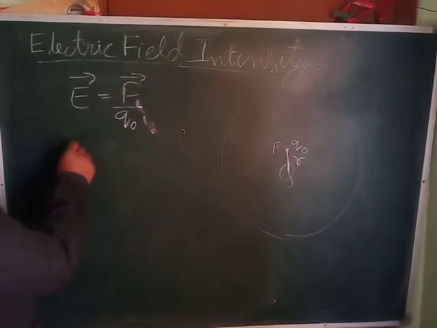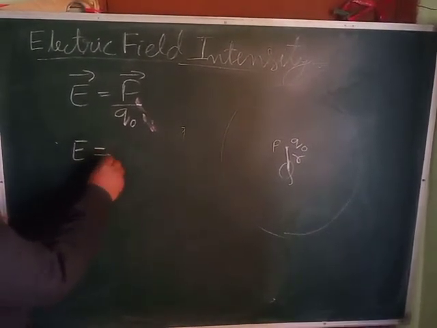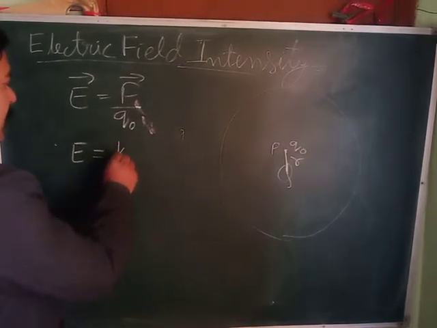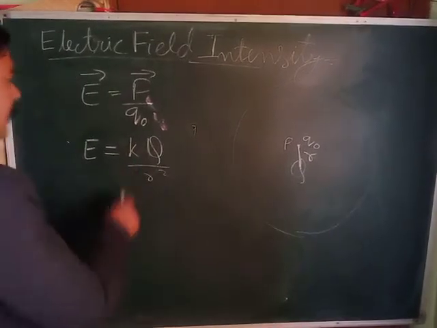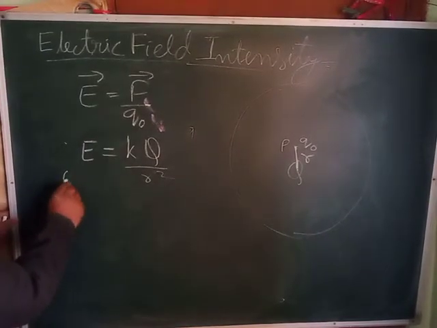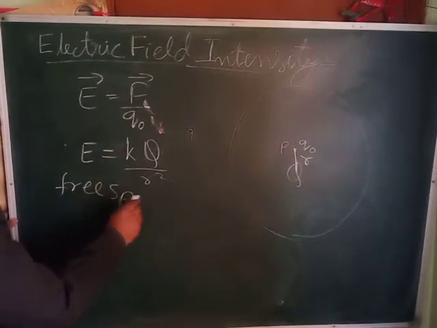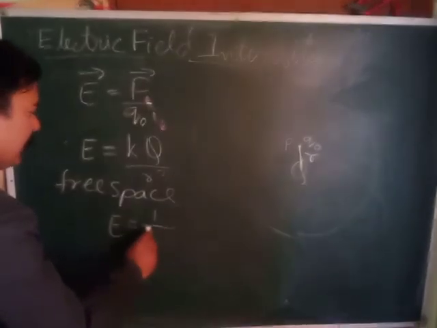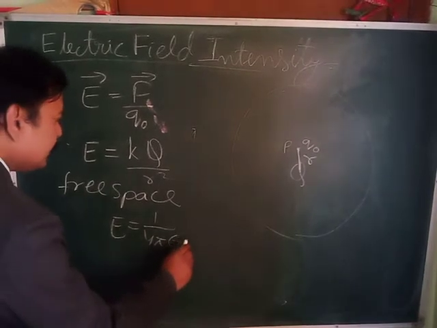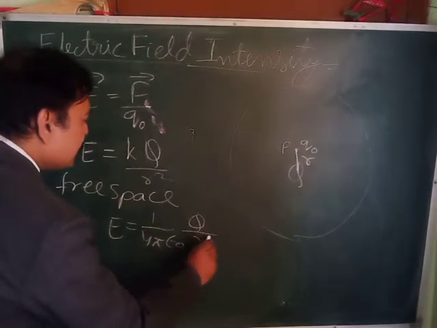Now one more thing, as electric field intensity is also given by K capital Q upon r square, see, for free space we can write E equals 1 by 4 pi epsilon naught Q upon r square.